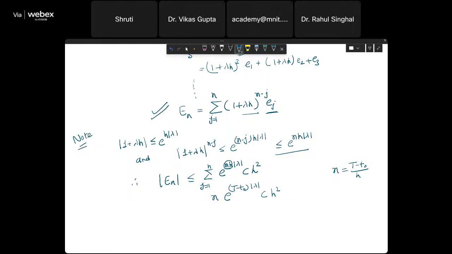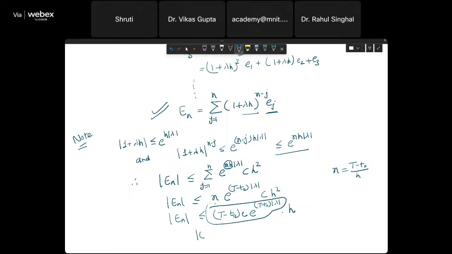Now again this nh will become t minus t naught, so this is going to be less than or equal to, so this n with one h from h square, that comes out as (t minus t naught) c e to the power (t minus t naught) mod lambda, times h. So this is just a constant term.